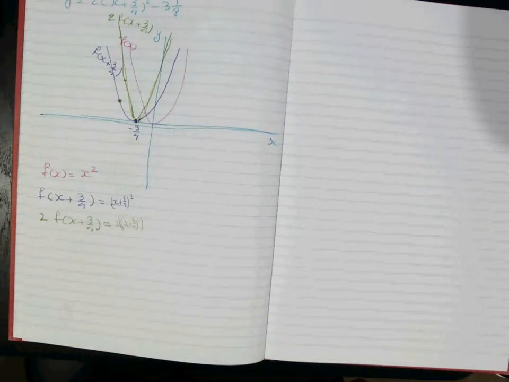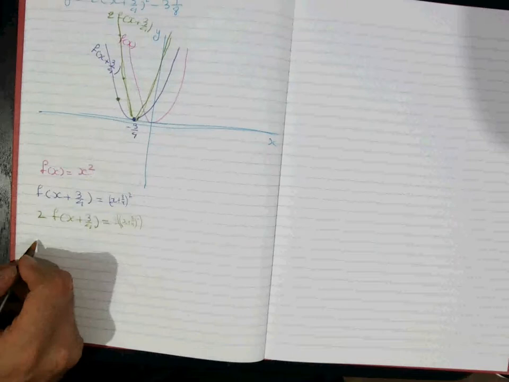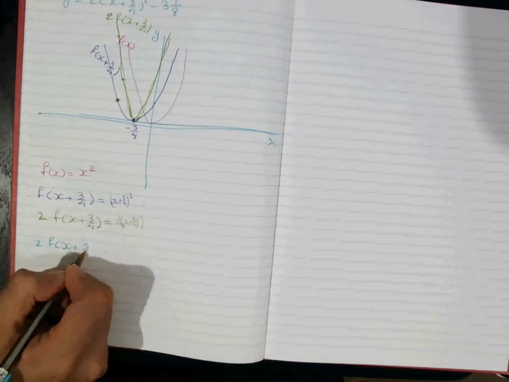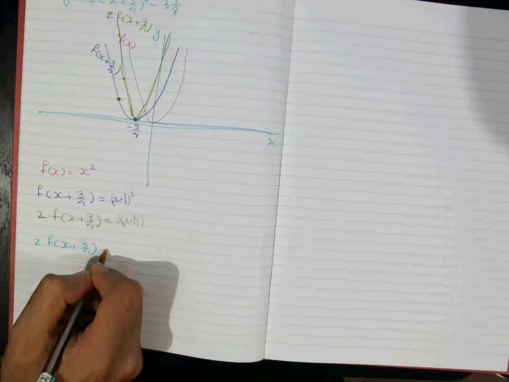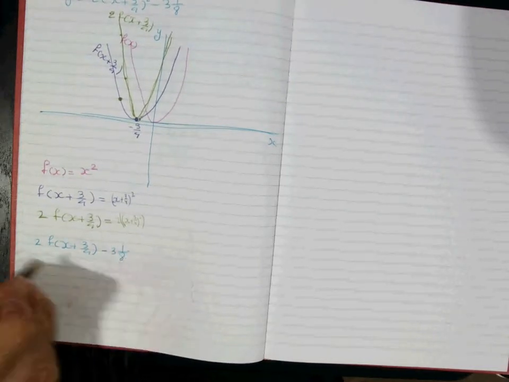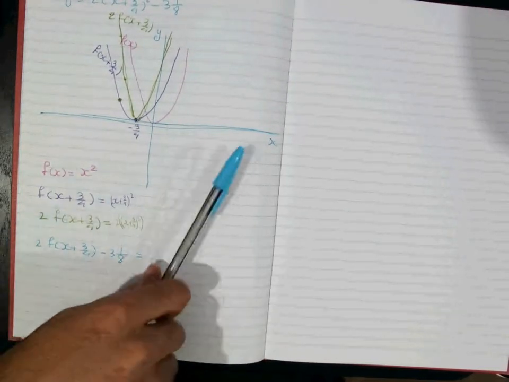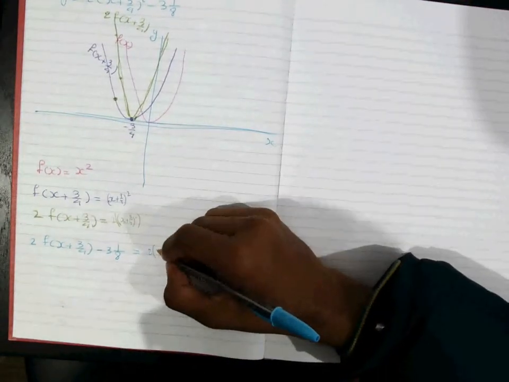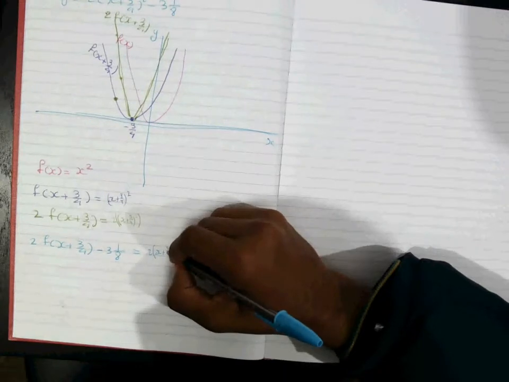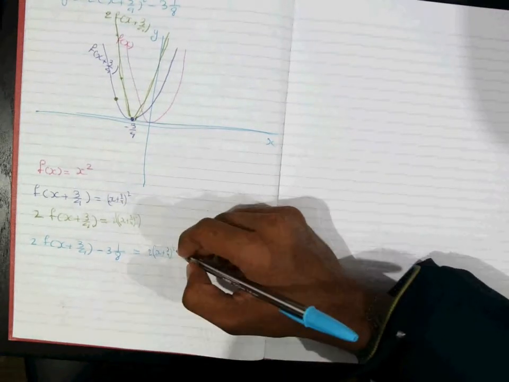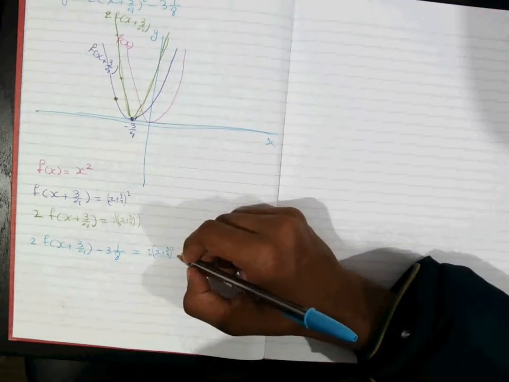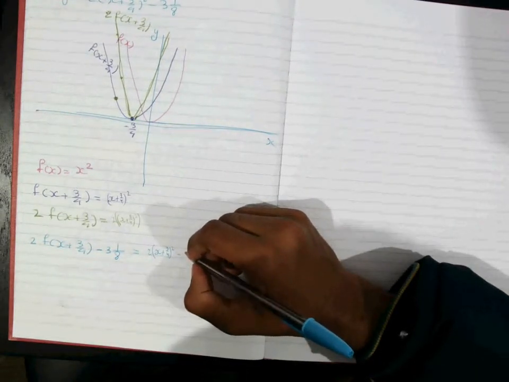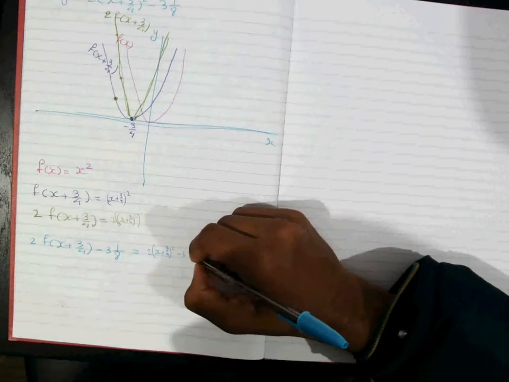Now, my last one is this. What is 2f(x + 3/4) minus 3 and 1/8? So what is this algebraically? Okay.